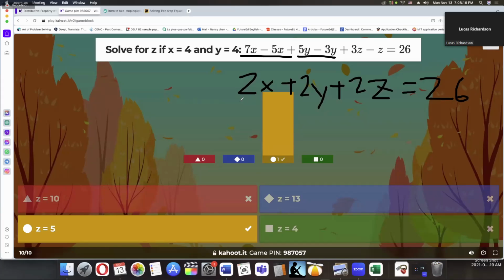Right. And you see a 2 here, you see a 2 here, you see a 2 here, and you see a 2 here, actually. So you want to get rid of the 2. They're all multiplied by 2, so how do you get rid of being multiplied by 2? Lucas?